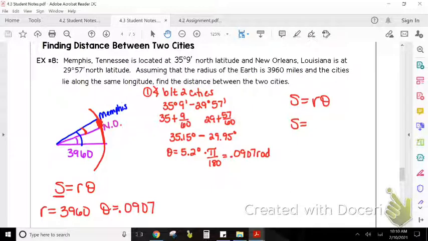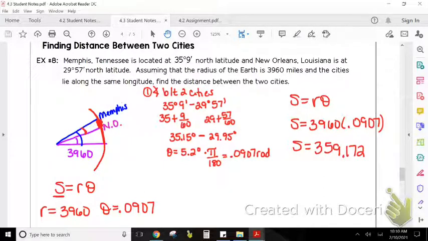So arc length is equal to 3960 times 0.0907, and I got 359.172. It's a length, and our length is measured in miles. And so we know that the two cities are about 359.172 miles apart.